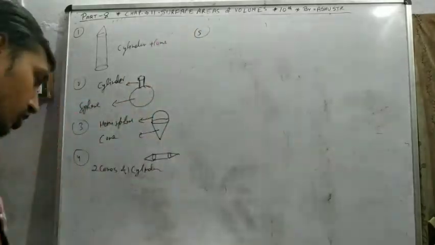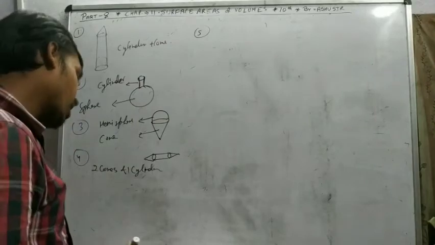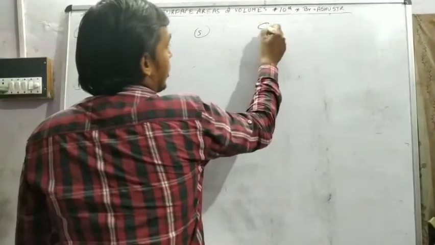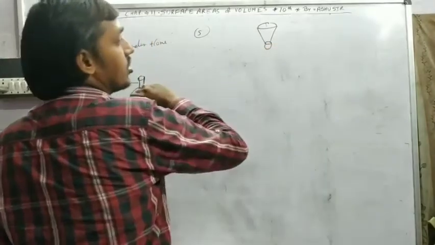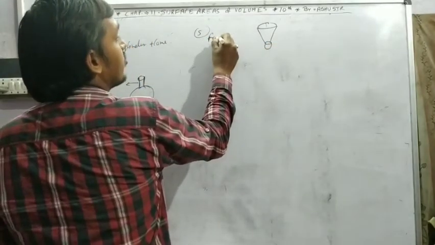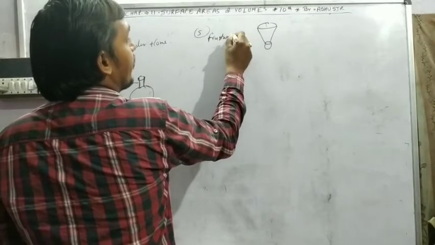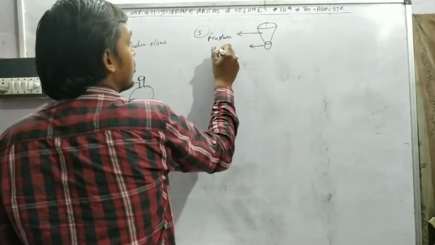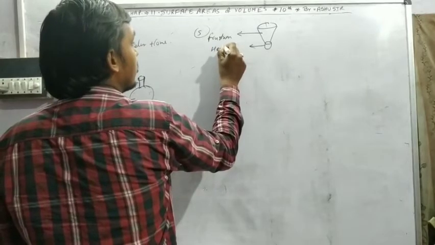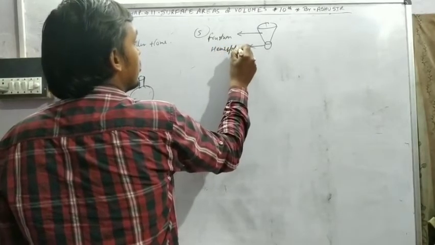If I talk about the next question, shuttlecock. Shuttlecock is a combination of frustum and hemisphere.